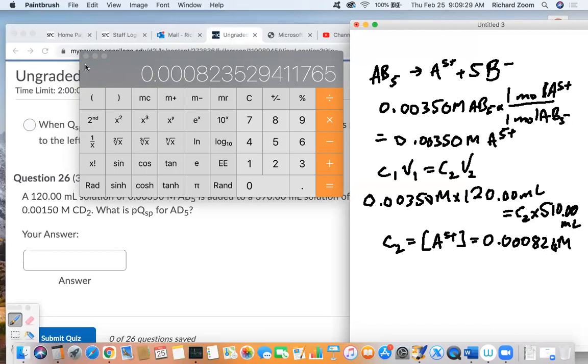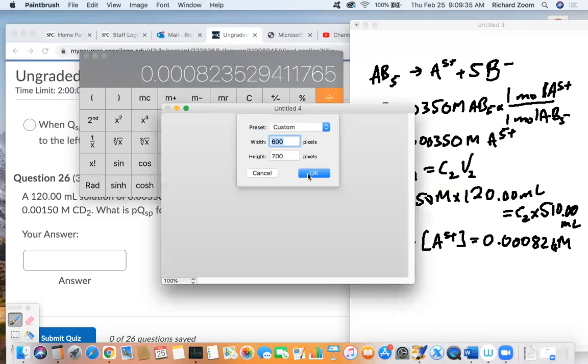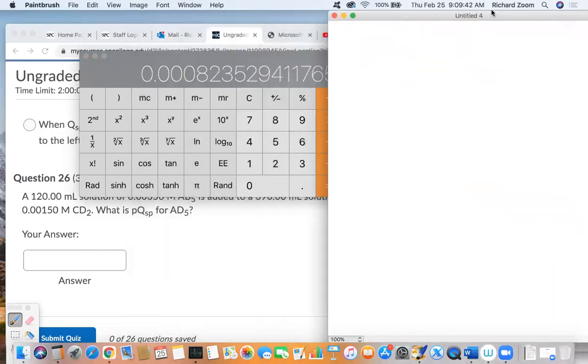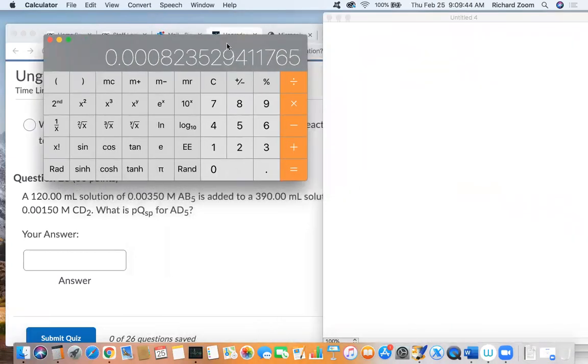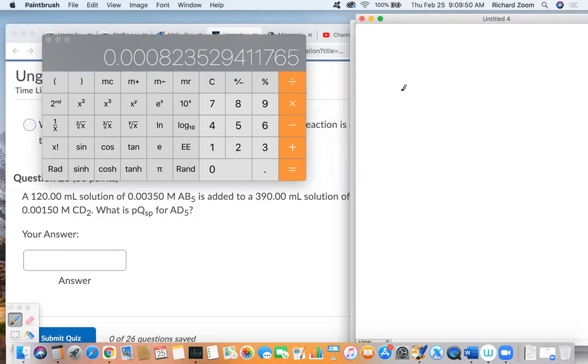Okay. Now the next one is the CD2. Because that's the initial thing that we're talking about. And it's 0.00150 molar CD2.